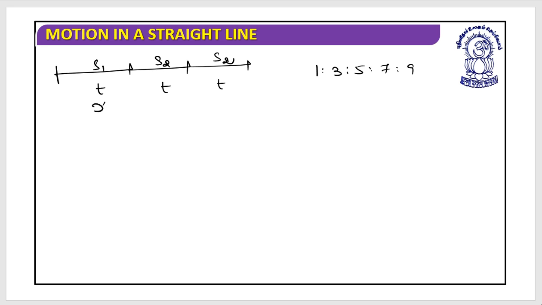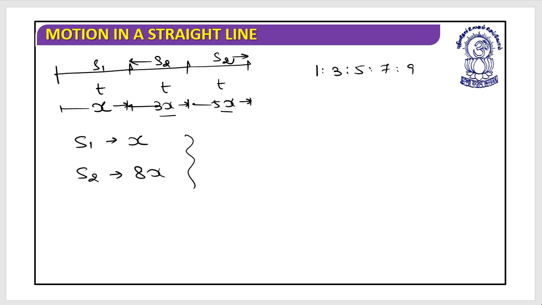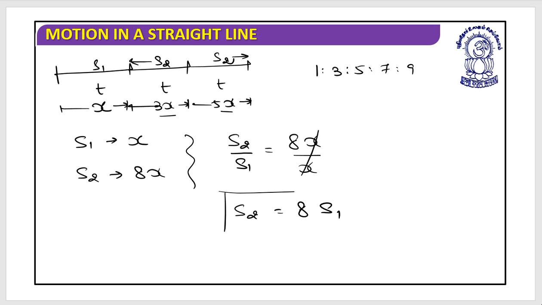If the first is x, then the next should be 3x, and the next 5x. The complete distance they told me is s2. So if s1 is x, then s2 is 3x plus 5x, which is 8x. Taking the ratio, s2 divided by s1 equals 8x to x, so s2 equals 8 times s1.